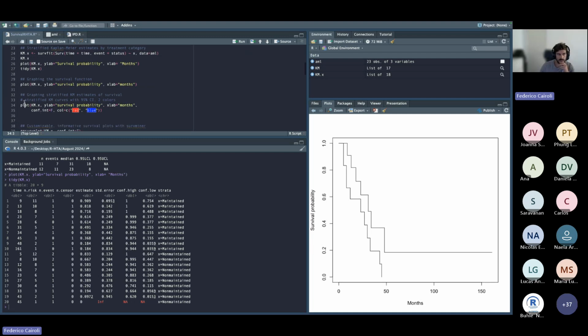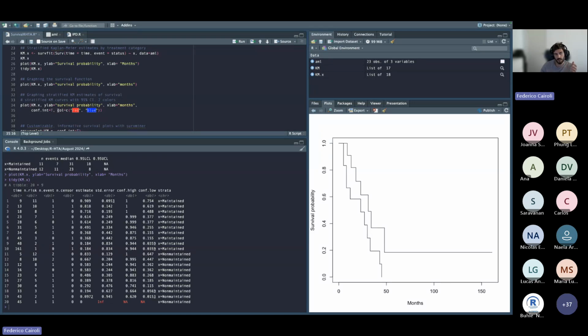So we can start. Basically, this is the same code that we already ran. What we can add to this code, first of all, within this plot function, is the confidence interval argument. If you put false, or F, it is basically not giving you the confidence interval, while if you put true, or just T, you're going to see the confidence interval around these specific Kaplan-Meier curves.